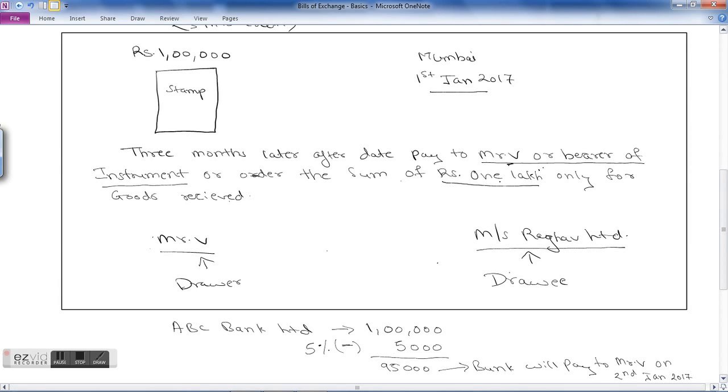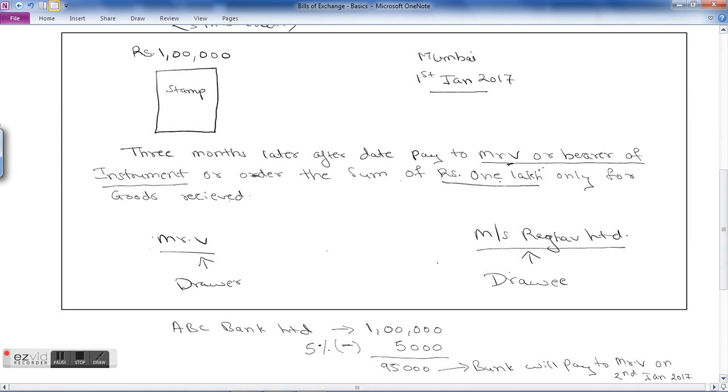XYZ, to whom rupees 1 lakh is payable, then Mr. V will endorse this bill of exchange to Messrs. XYZ, and on the due date Messrs. Raghav Limited will pay the amount to Messrs. XYZ instead of Mr. V. So this is known as the endorsement of a bill of exchange.